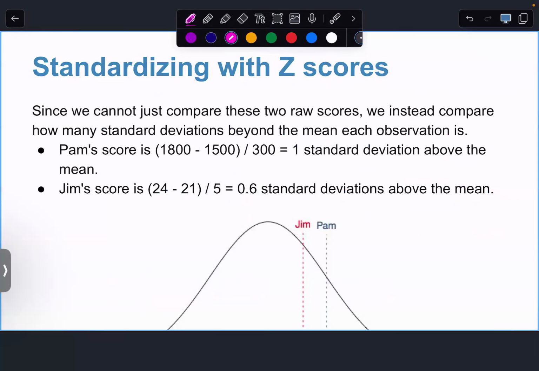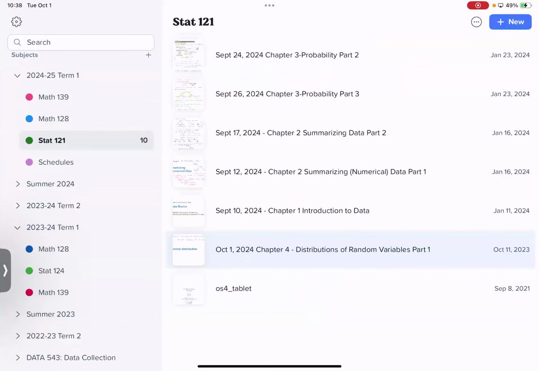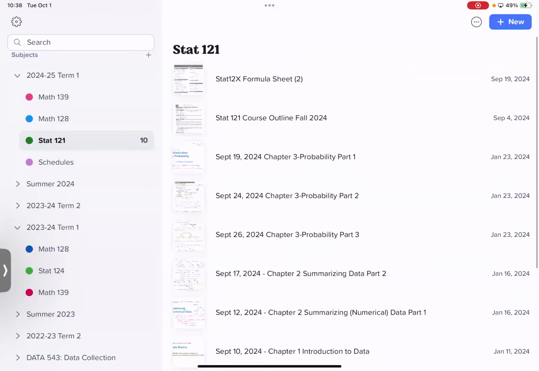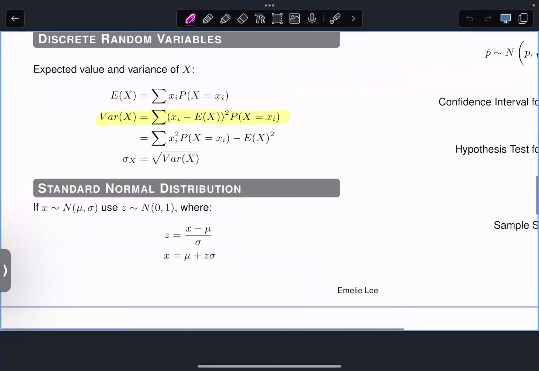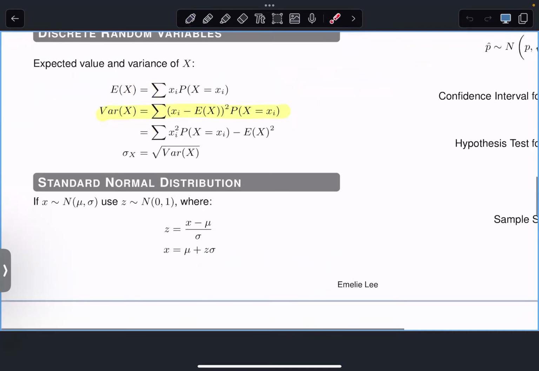Now I'm just going to put it on here right away. Z is X minus mu over sigma, which is also on your formula sheet. Let's pop in there for a sec here. We did discrete random variables briefly last day, or all day last day, I guess.